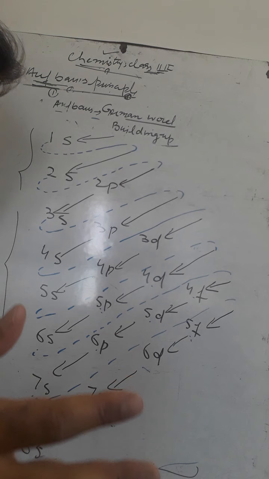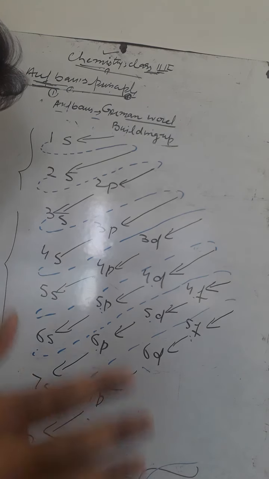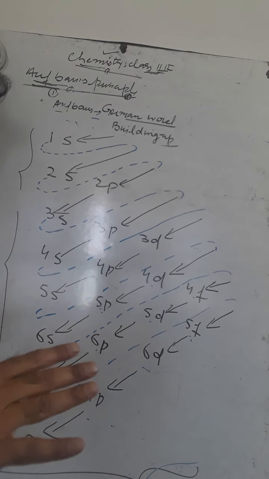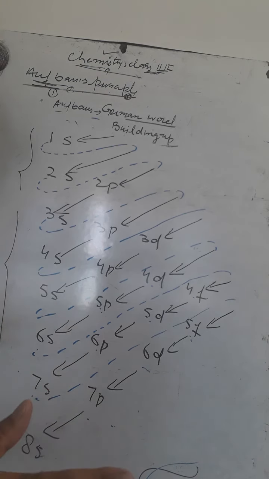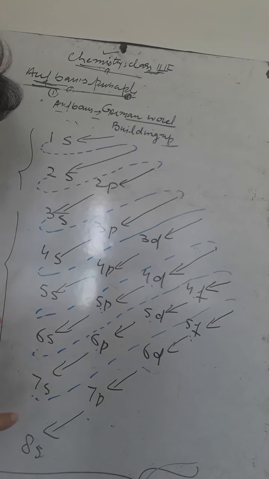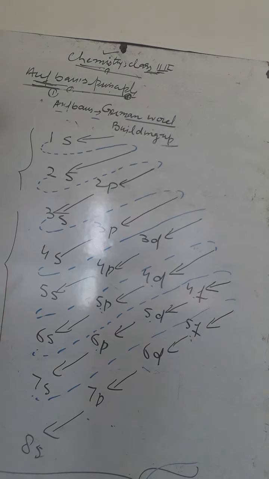In short, the above principle states that orbitals are filled with electrons in order of increasing energies. In case we have orbitals having the same energies, the orbital with the lesser principal quantum number is filled first. It is all about the above principle. Wish you the best. Thanks.